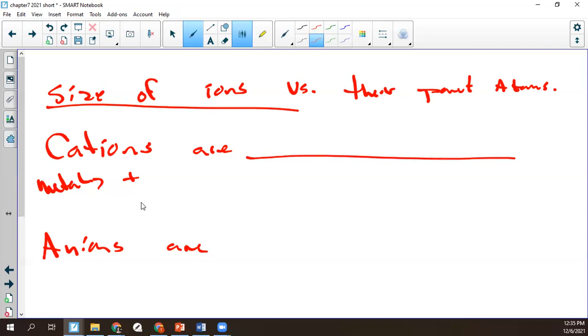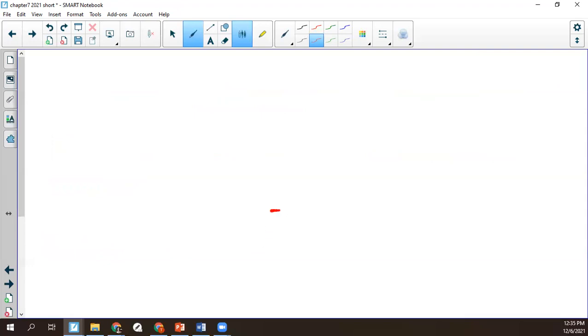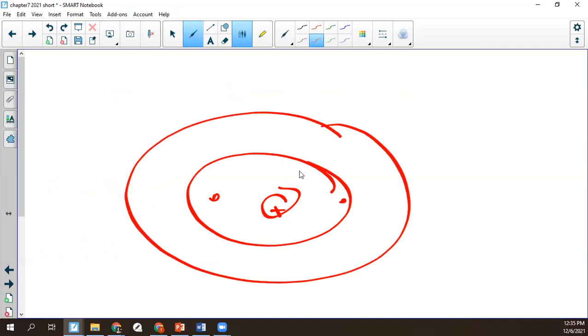Okay, so I'll come back to this, but just a simple model. We have our nucleus, we have our shell. And we're just going to do this for lithium. It would have another one right here, right? And we say its size is roughly that picture. A metal loses its valence electron.